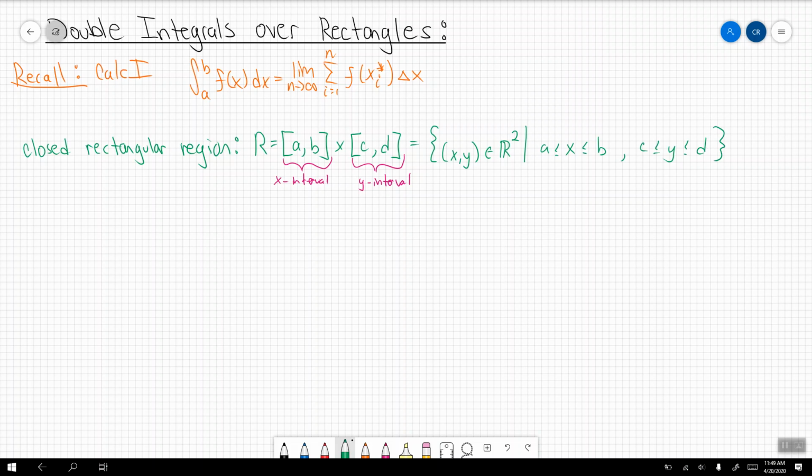Now we're going to define one more thing: we want to identify some solid.